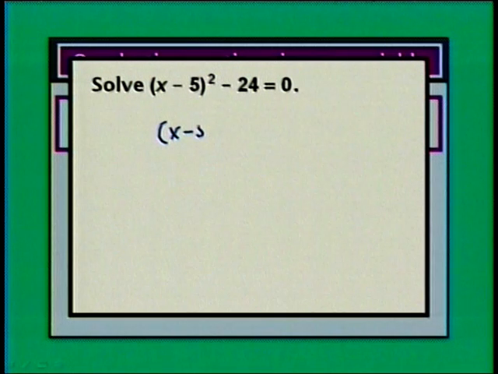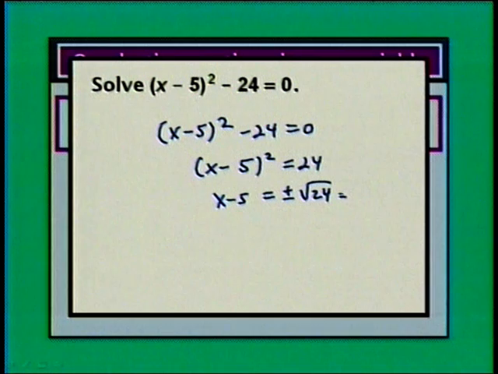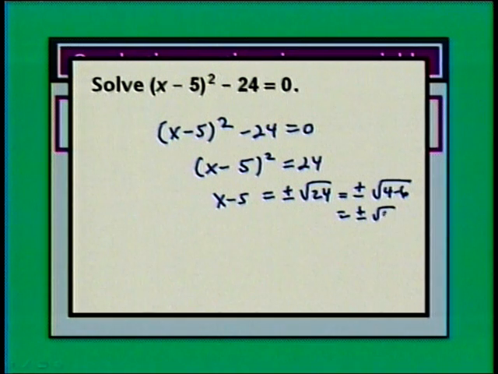If I have (x - 5)² - 24 = 0, then (x - 5)² = 24, so by the square root principle, x - 5 equals plus or minus the square root of 24, which is plus or minus the square root of 4 times 6, which is plus or minus the square root of 4 times the square root of 6, which is plus or minus 2 square root of 6.